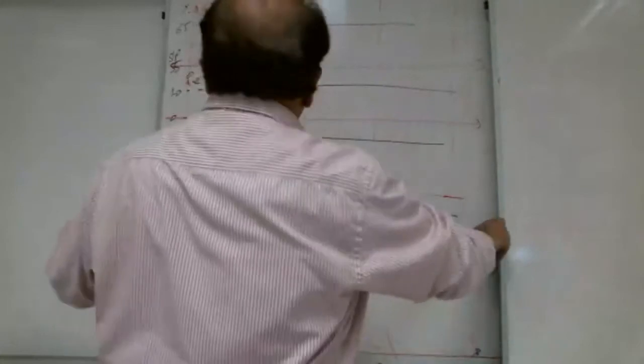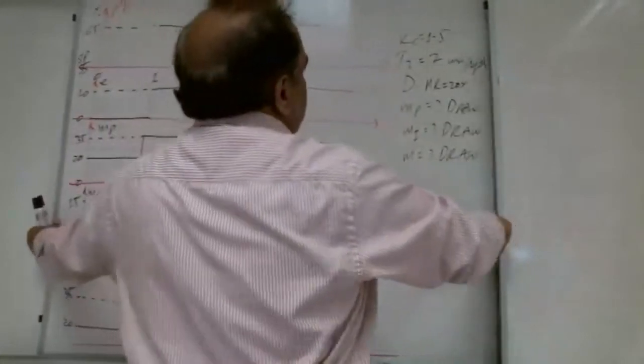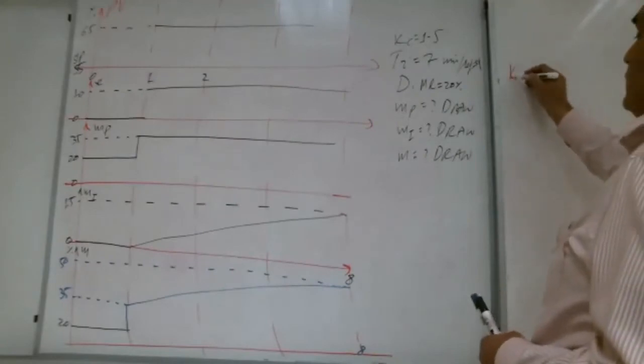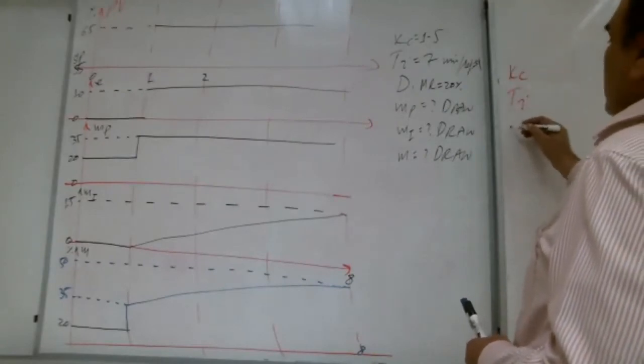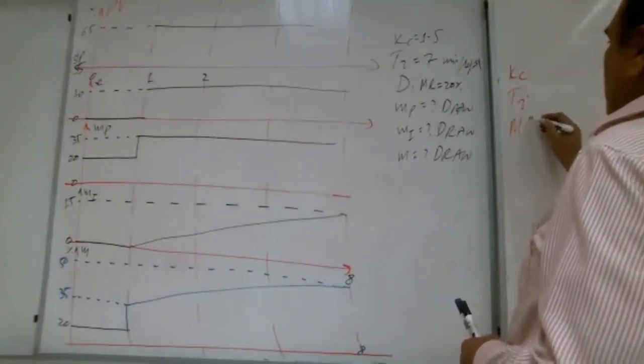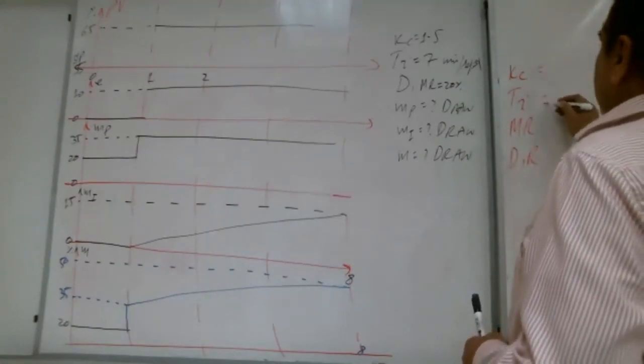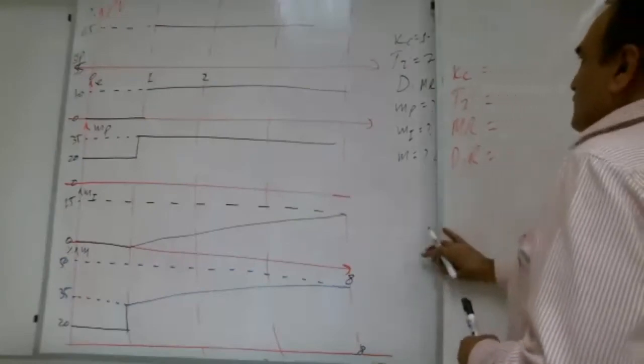Okay, Shabab, now the same thing. We need to find all these parameters: KC, TI, action, MR, and whether the action is direct or reverse. All these things we need to find from these graphs.